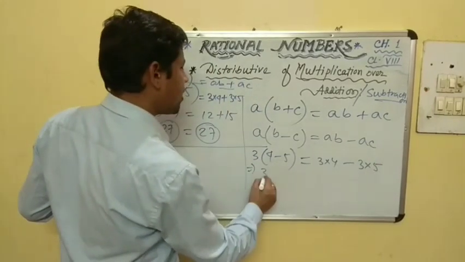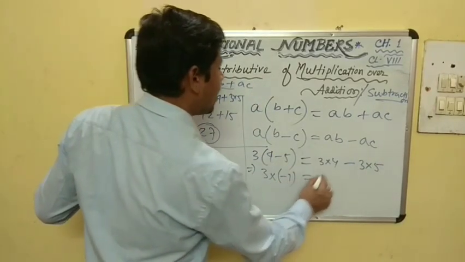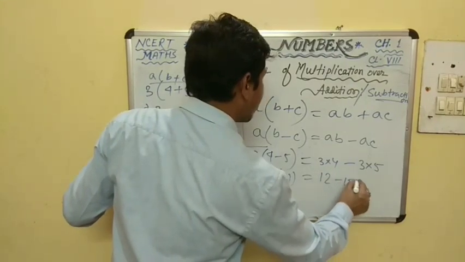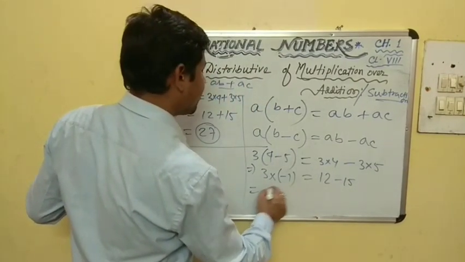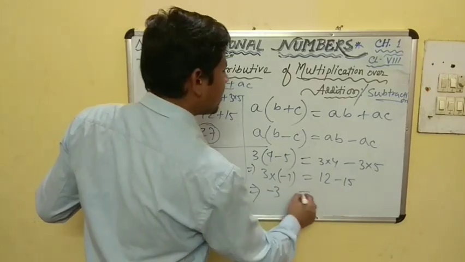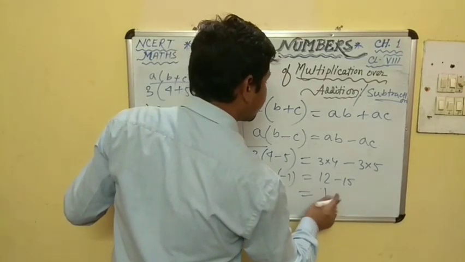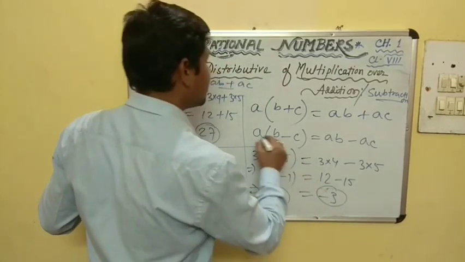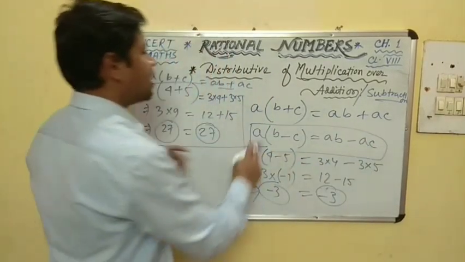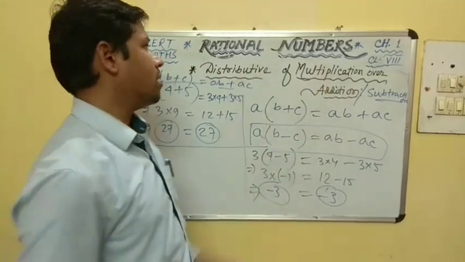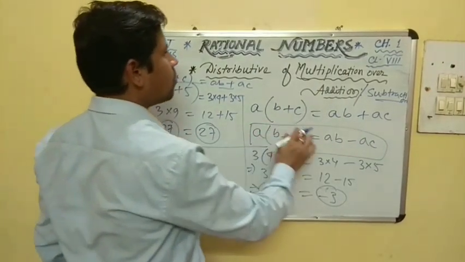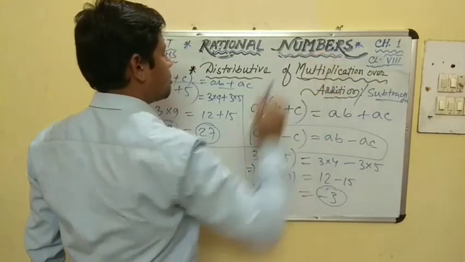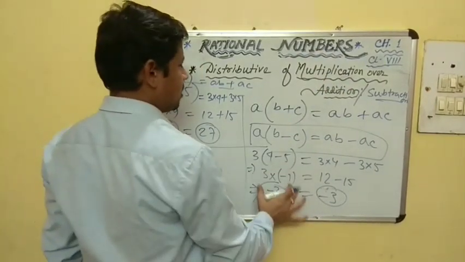How is it possible? 3 into minus 1 gives minus 3, and on the other side 3 into 4 is 12 minus 3 into 5 is 15, which is also minus 3. So we see that both cases are equal. That means this condition is satisfied: multiplication is distributive over subtraction in this order.